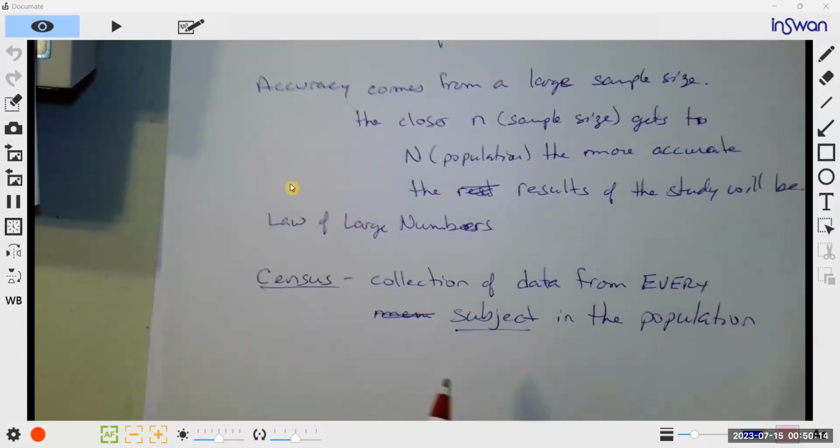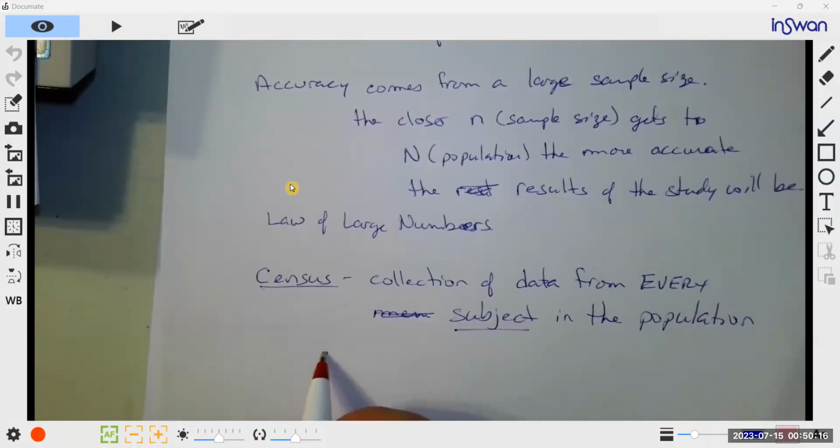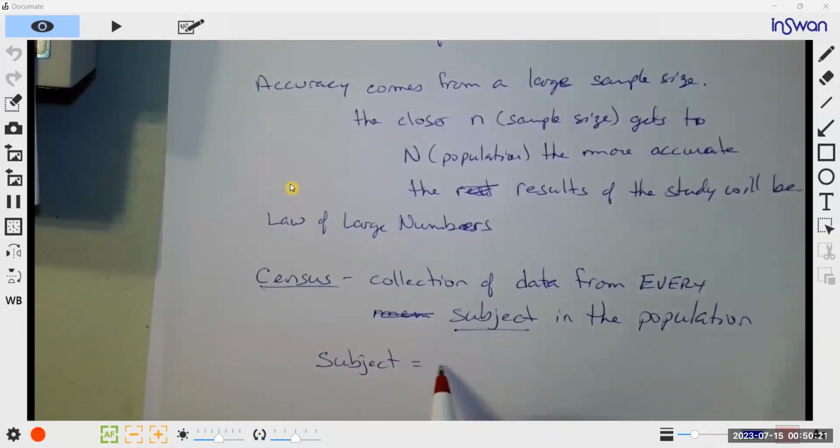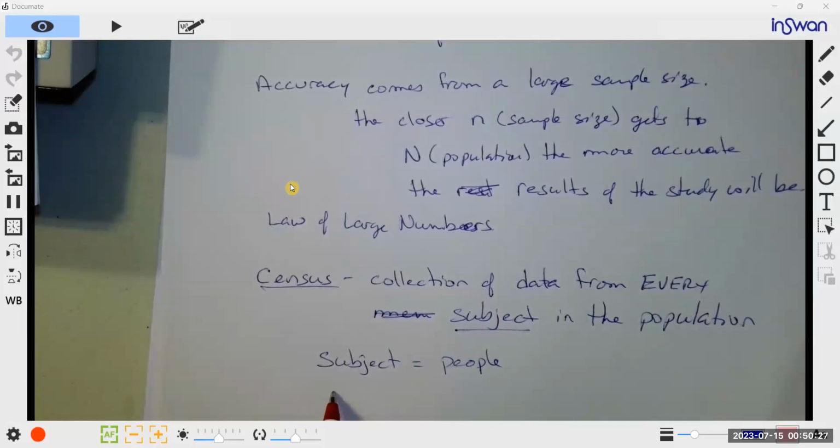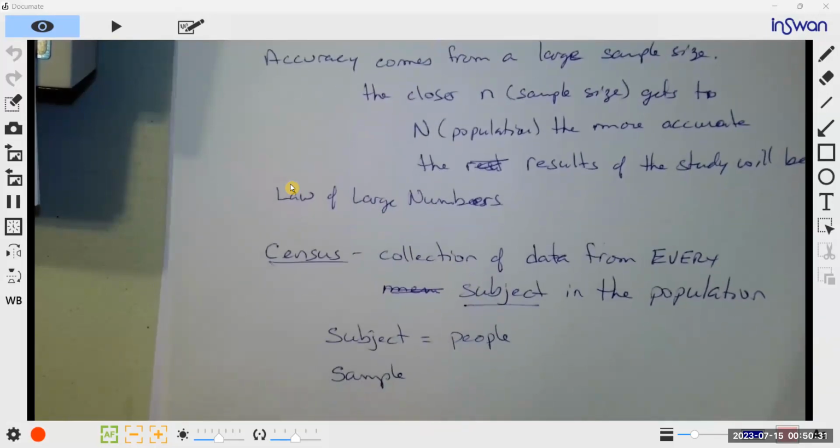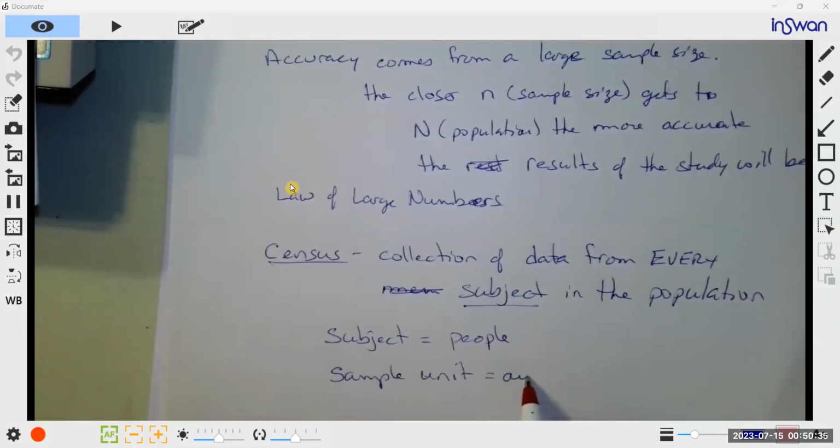Whenever in statistics, we use the word subject to represent people. A sample unit is anything else.